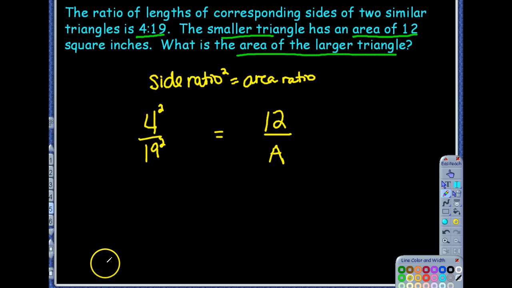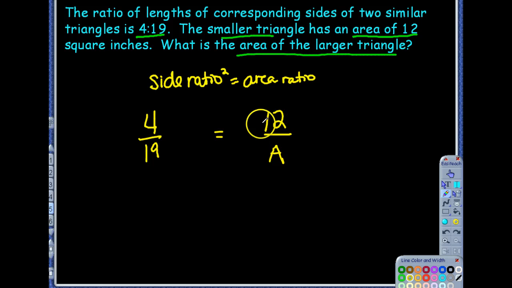Guys, notice what Ms. Hellgraby did there. The biggest mistake, take those squares off for just a second. This is exactly what people will do. They will just say the side ratio is equal to the area ratio, and they'll cross multiply. They're like, oh, this is a piece of cake. Well, yeah, solving a proportion is easy. It's can you set it up correctly? So don't forget, it's always the side ratio squared that gets you the area ratio.